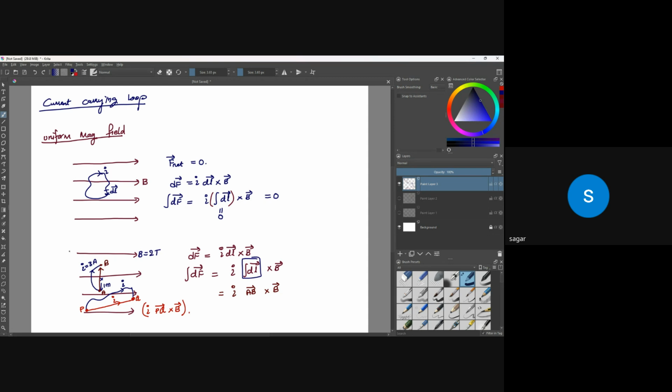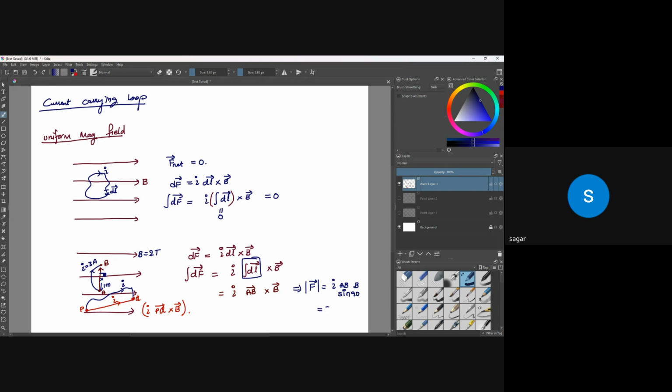In this example, I have to find I into AB bar cross B bar. Let me first find the magnitude of the force. That will be I into AB into the magnetic field into sine of the angle between AB bar and the magnetic field B bar, which is 90 here. Sine 90.